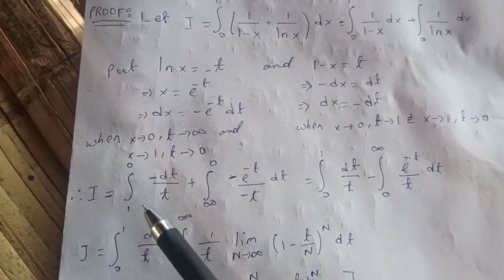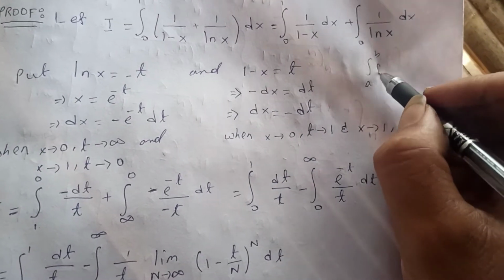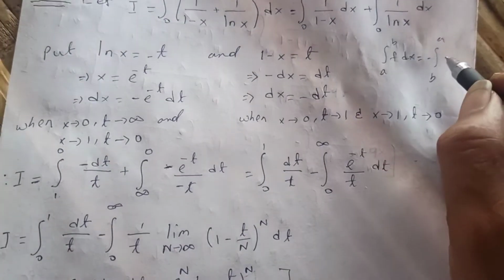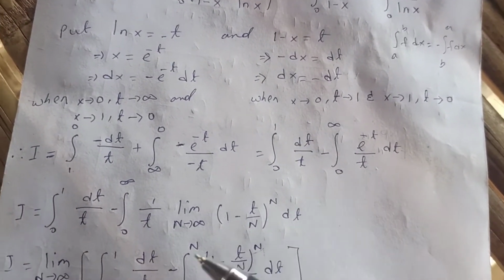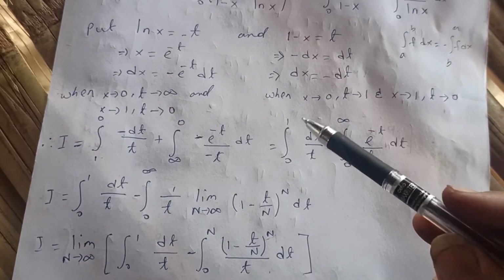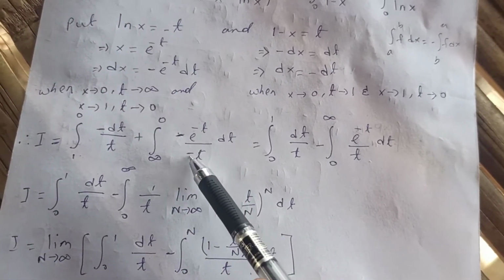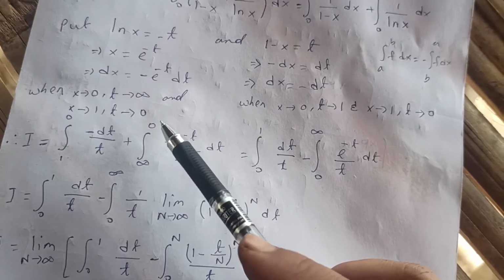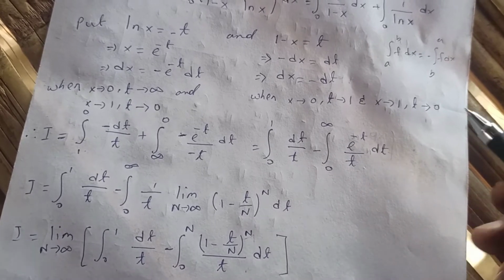Because the integral from a to b of f dx is negative the integral from b to a of f dx, we can interchange the upper and lower limits. So we get the integral from 0 to 1 of dt/t, minus the integral from 0 to infinity of e to the negative t over t dt.